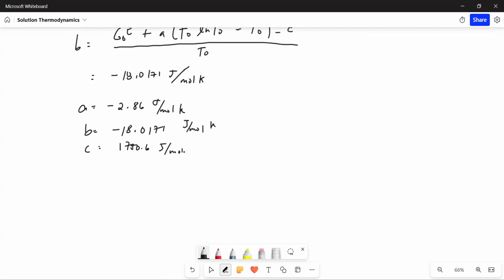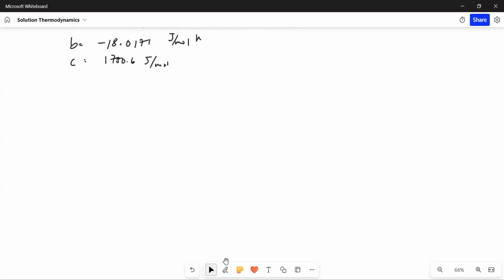Now we can substitute back into the equations A, B, C. Let me demonstrate one property.